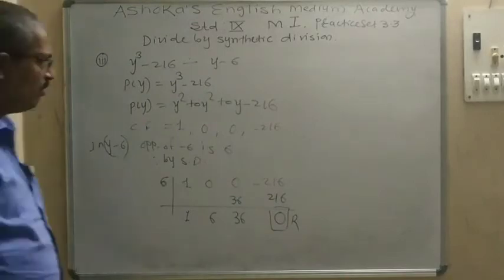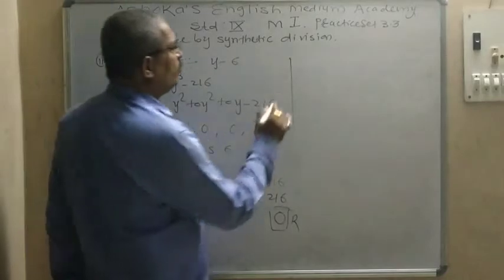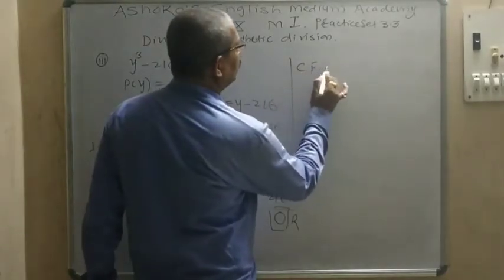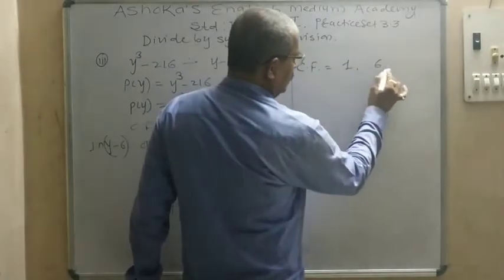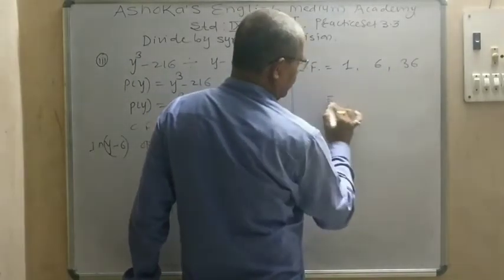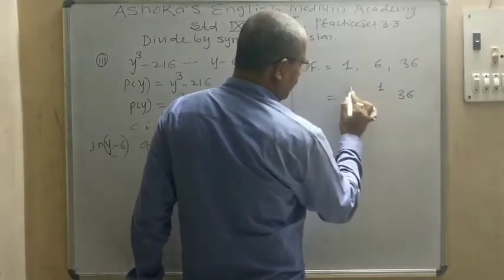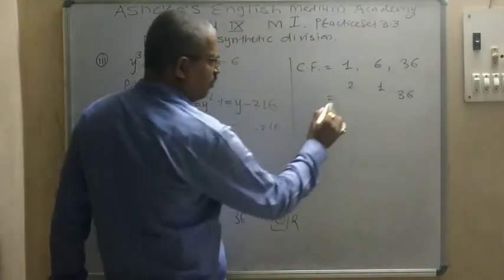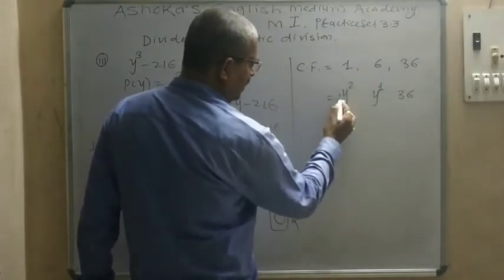Okay. Now we have to convert this CF into index form. 1, 6, 36. So you may write 36 as it is here, no problem. This is 1 and this is 2. Means y raised to 2 and this is y raised to 1. Then here 1 as it is.